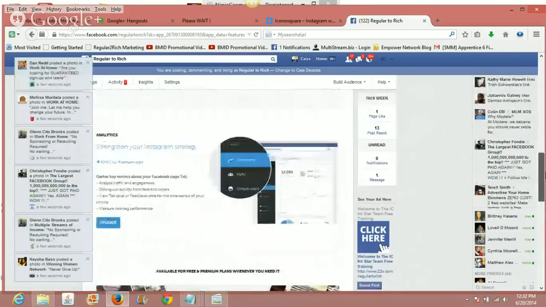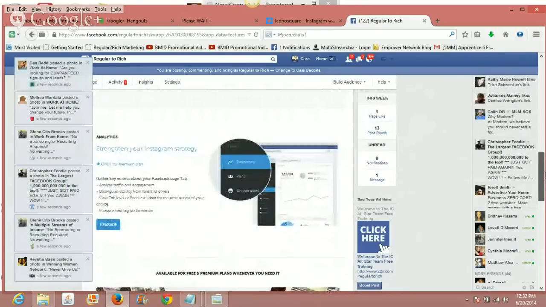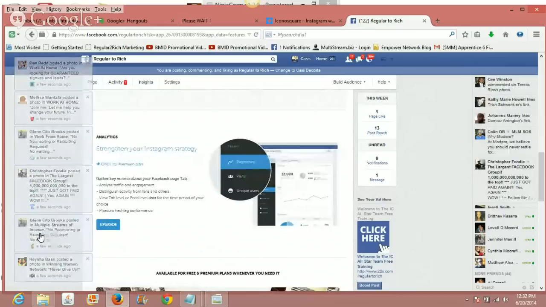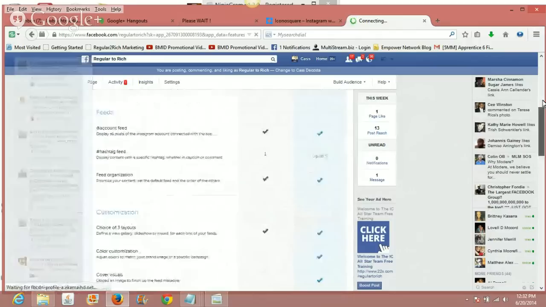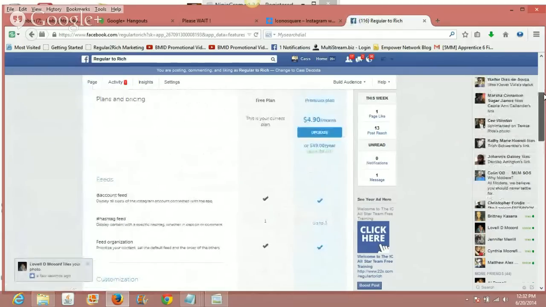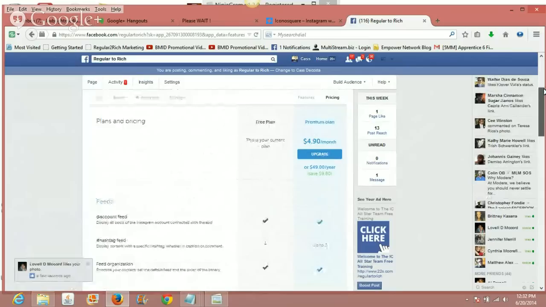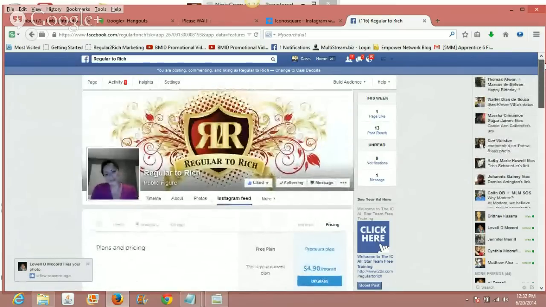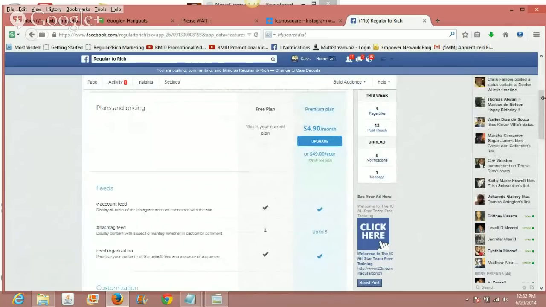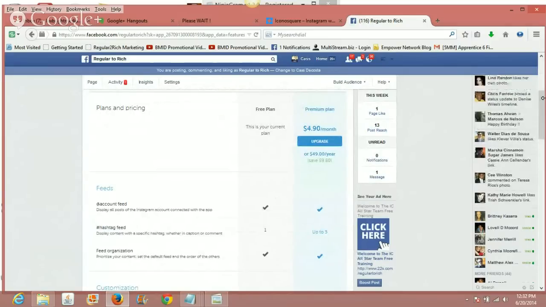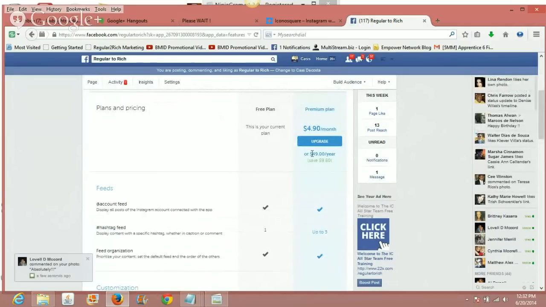Okay, so this is asking me 1,000 things that I wish I had not done right now while I'm on. Okay, so now they want to... here we go. We just learned something. If you want to have analytics and all of this, they want you to pay $49 for the year.